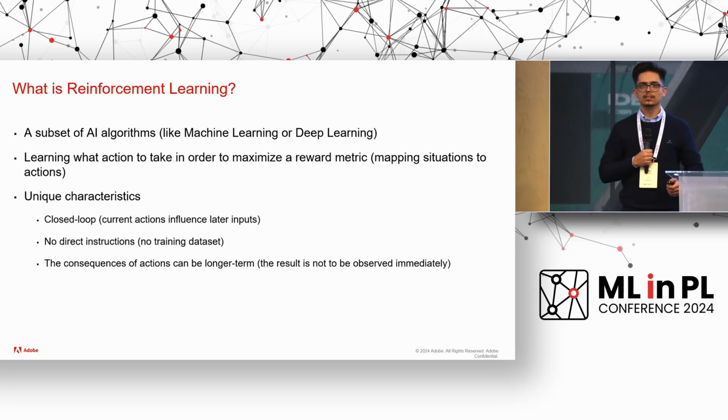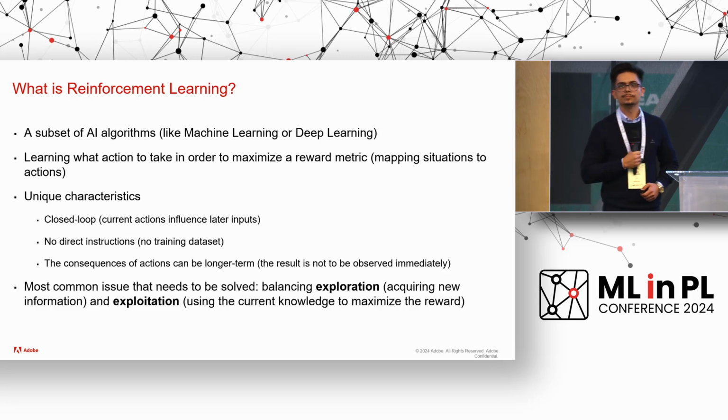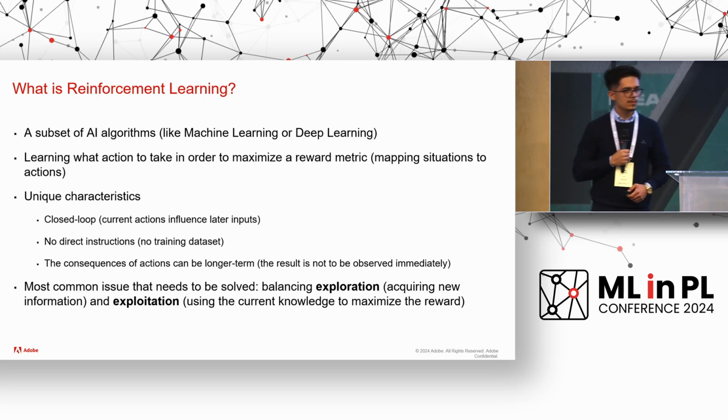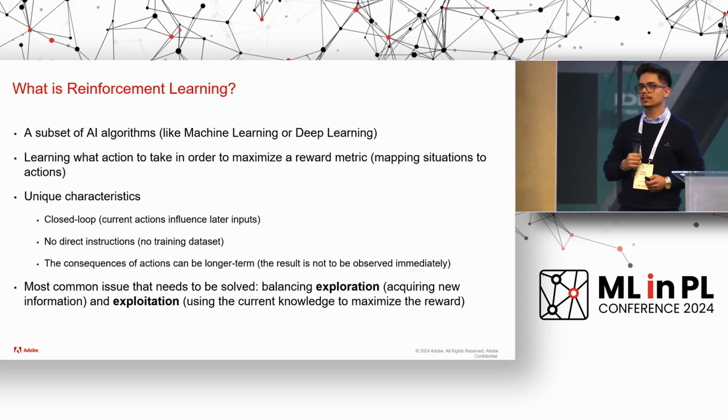And the consequences of actions can be longer term, meaning that the result is not to be observed immediately. And the most common issue that needs to be solved in reinforcement learning is balancing exploration and exploitation. So basically, that means trying to acquire new information while at the same time using the current knowledge to maximize the reward.